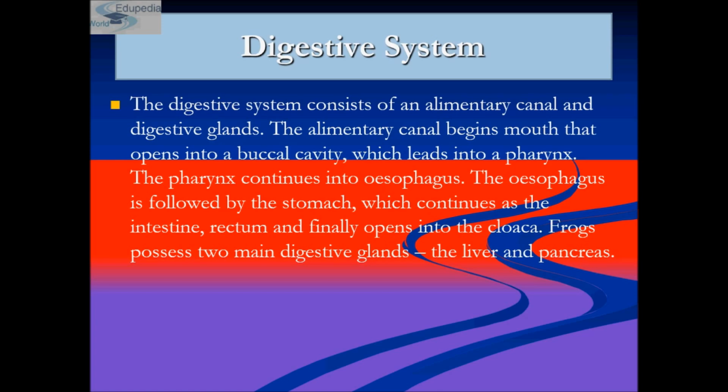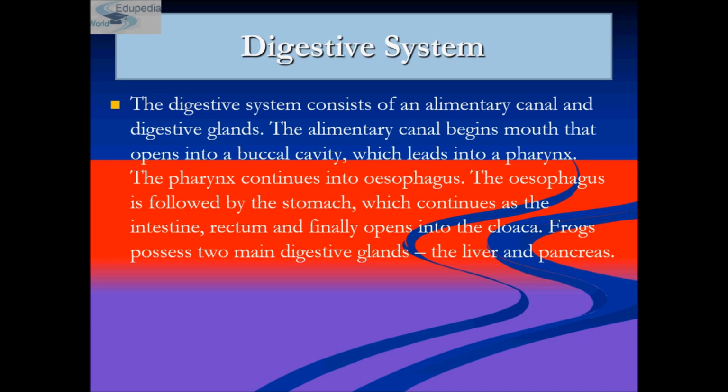The body cavity of the frog accommodates different organ systems such as digestive, circulatory, respiratory, nervous, excretory and reproductive systems with well-developed structures and functions. The digestive system consists of the alimentary canal and digestive glands. The alimentary canal is short because frogs are carnivorous and hence the length of the intestine is reduced.